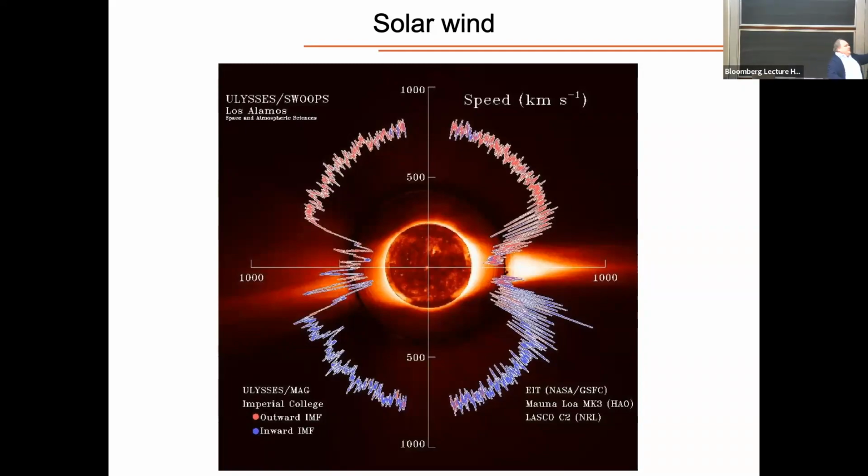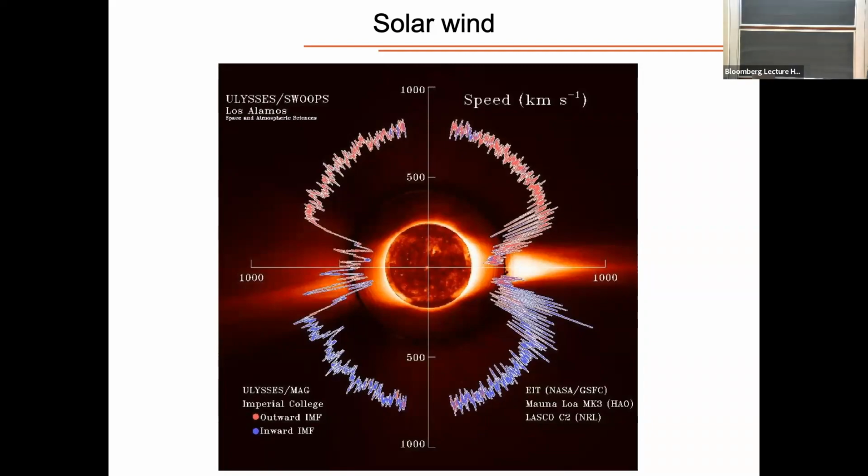And the region near the equator, between plus and minus roughly 30 degrees latitude, is where you have closed field lines. And the closed field lines don't let the plasma propagate quickly away from the sun. So there is magnetic tension, and therefore the speed here is roughly 350 kilometers per second.